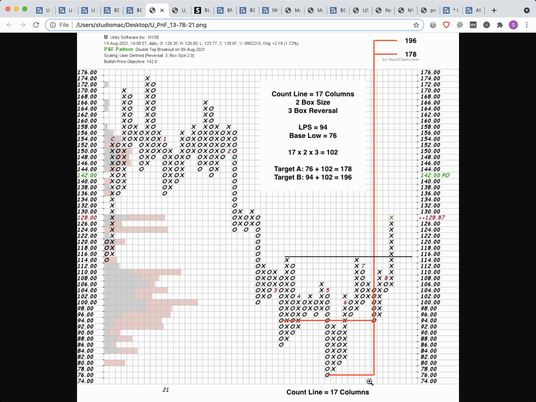Target A is added on to the spring low, which is 76. So 76 plus 102 is 178. And then target B is added on to the last point of support, which is here at 94. So 102 plus 94 is 196. So that gives us a projection up to 196 from 94.